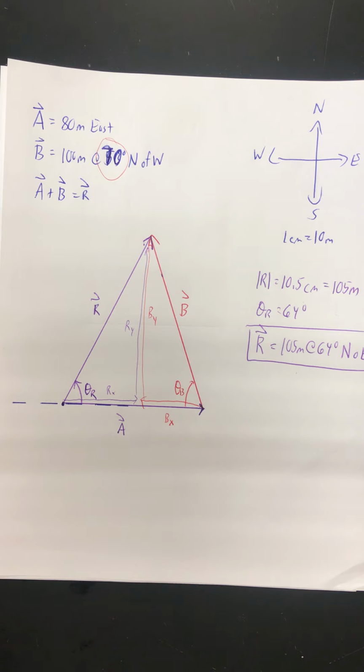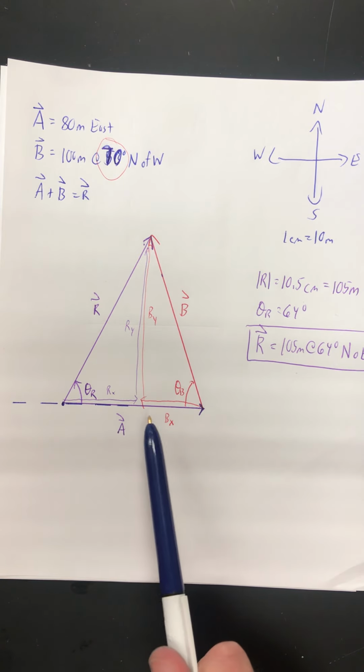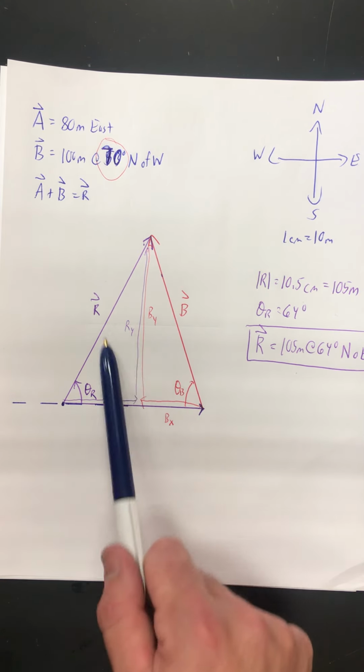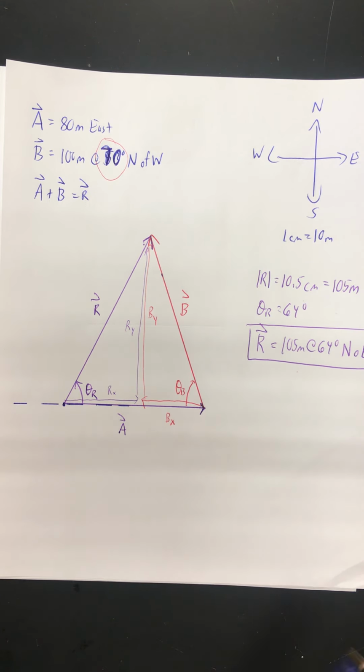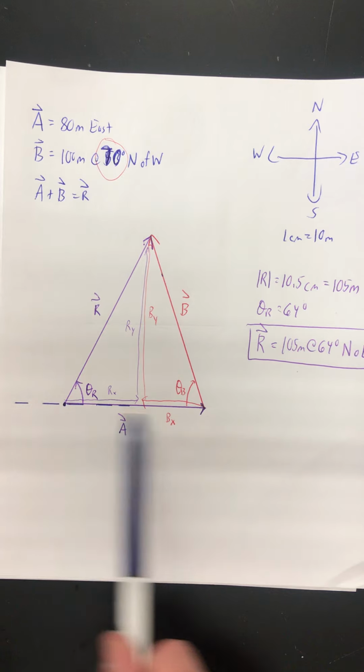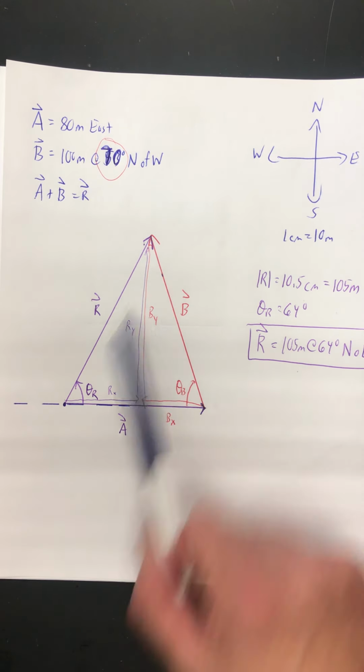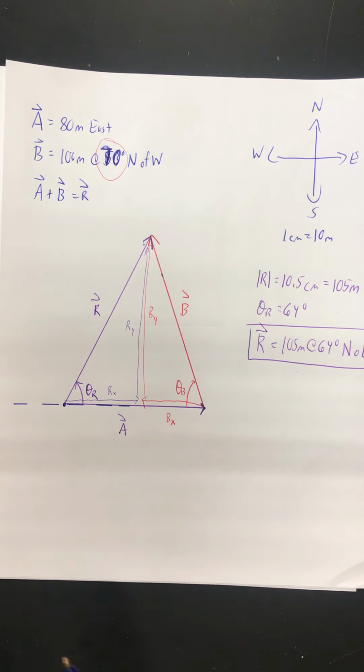So if you notice here, one thing that's very clear is the part of R that's vertical is identical to the part of B that's vertical. And that should make sense because none of A acts vertical, so the resultant relies in the y direction upon whatever B is doing vertically.